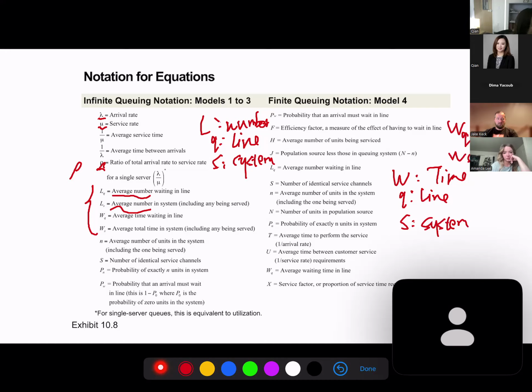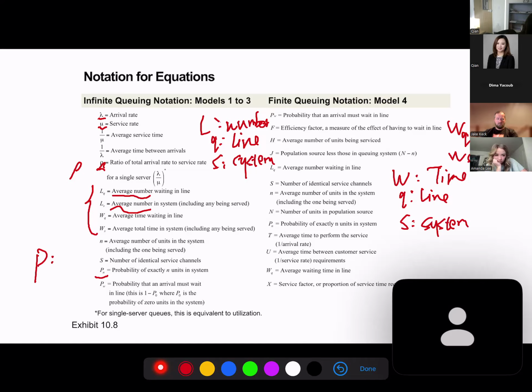Except for these 1, 2, 3, 4, 5, 6, 7, the last thing you need to figure out is P. This is rho, and this is P. P here means the probability of exactly n units in the system.